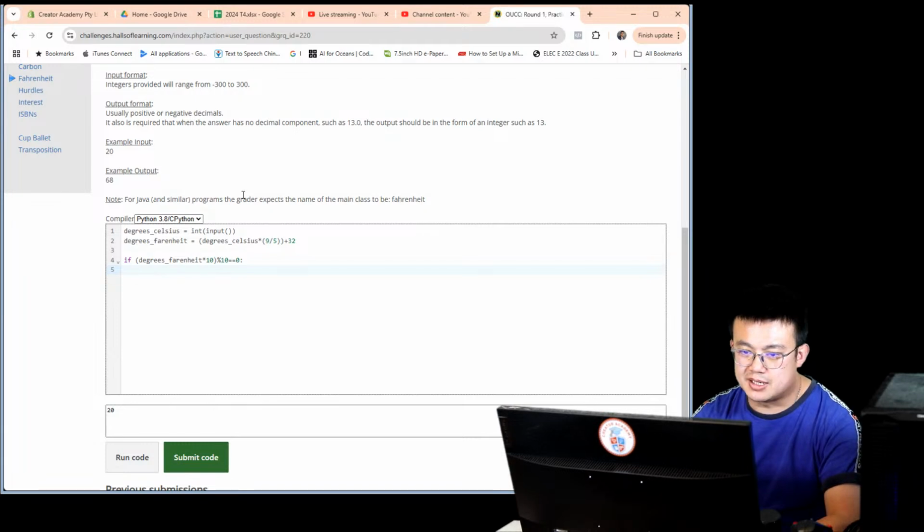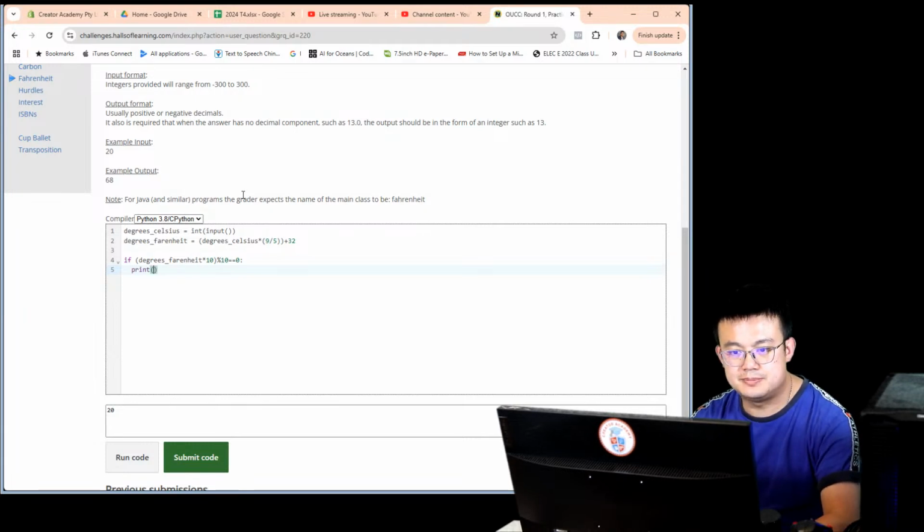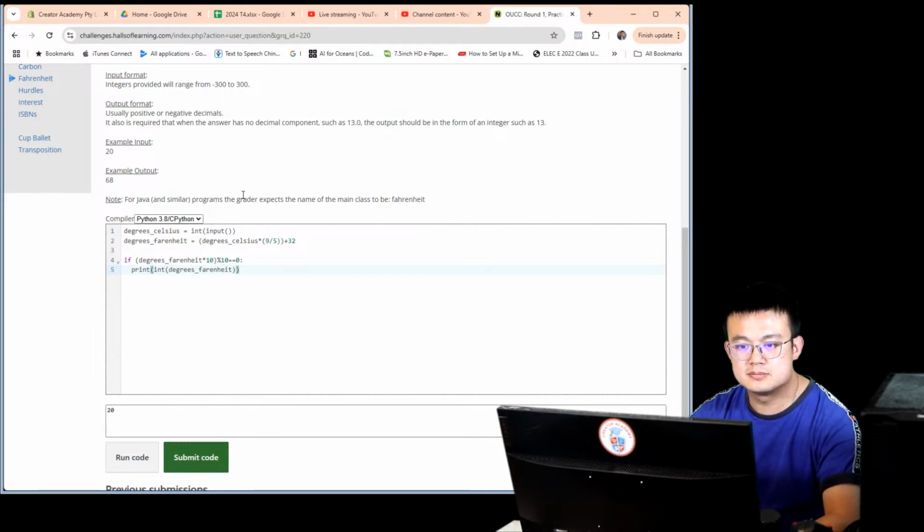So we just go print the integer of degrees Fahrenheit, else, print degrees Fahrenheit.